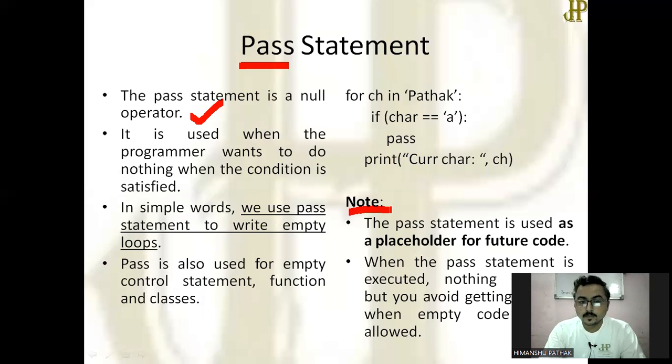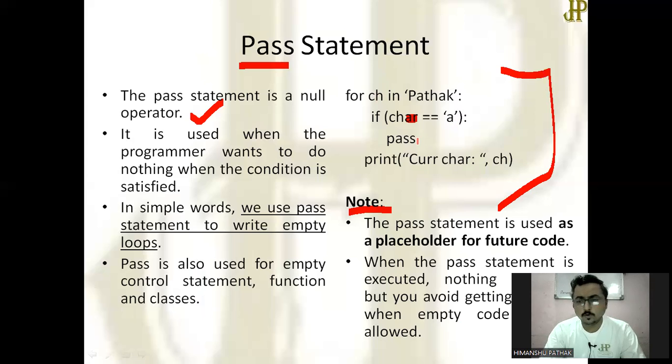Okay. So here I have taken again the same example. Again, a loop is executed, sorry, this is not to be done. Okay. Because CH is the variable. If CH is equal to A, then you have to what?